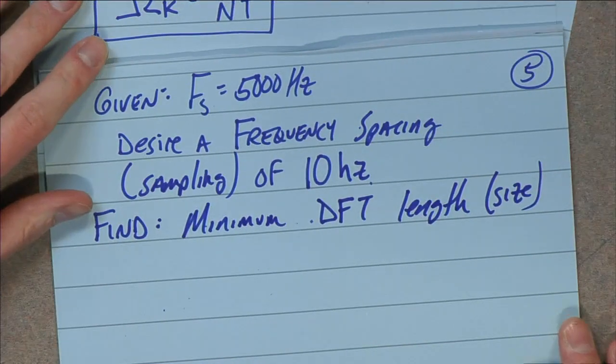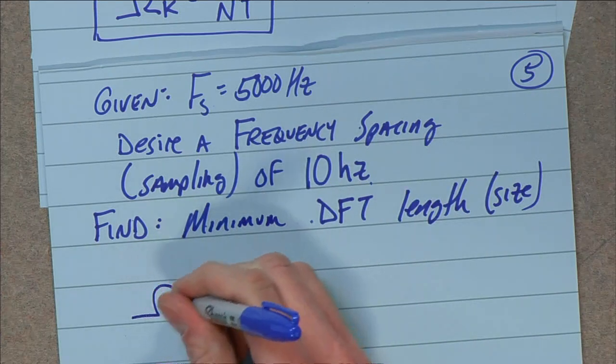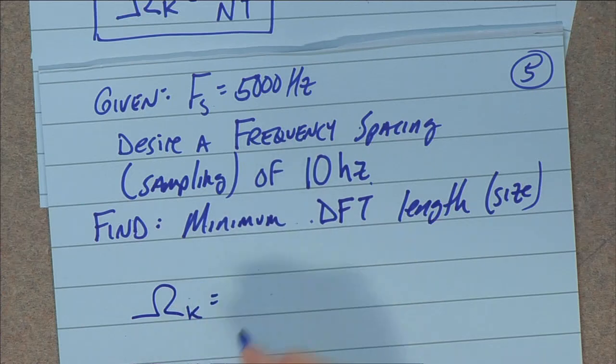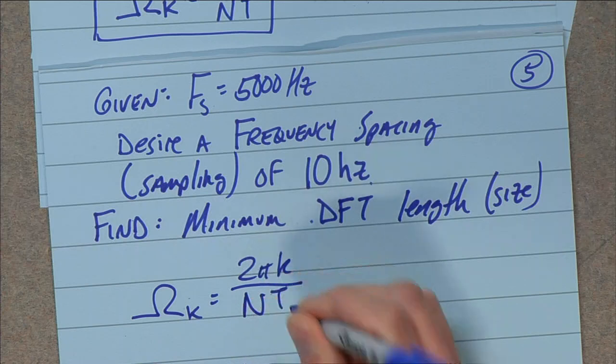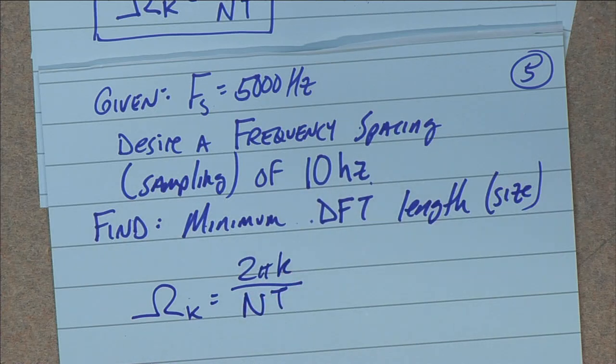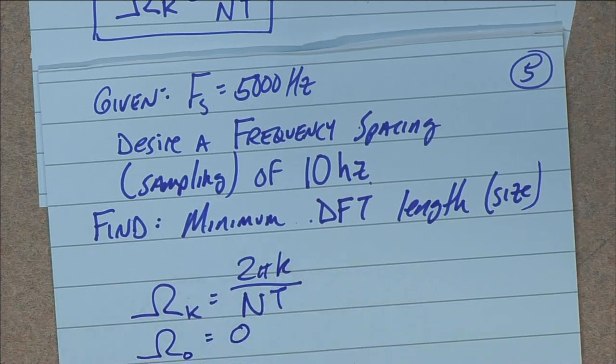Now this is just to get a spacing, so to some extent the number of samples isn't important, but the k factor is, as we'll talk about a little bit later. So we said capital omega k is 2 pi k all over N T. One way you could look at this is to say omega 0 is 0 because k is 0.